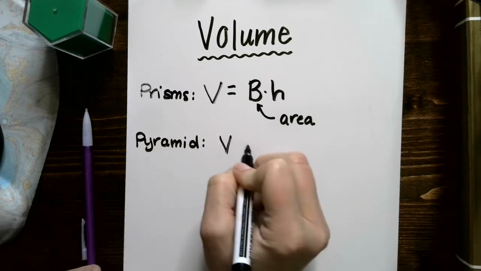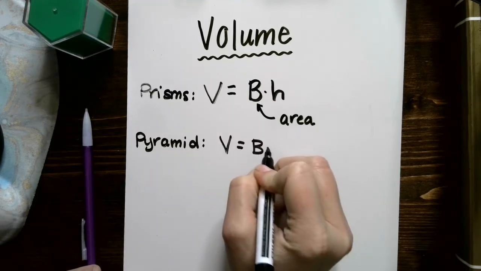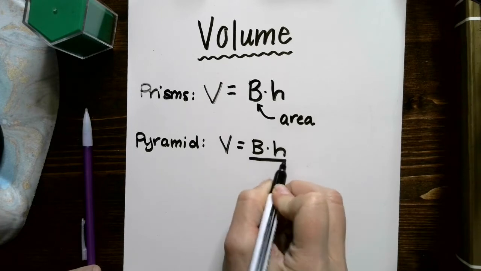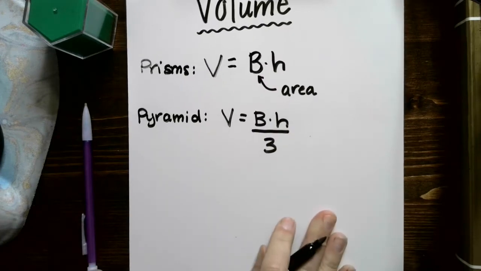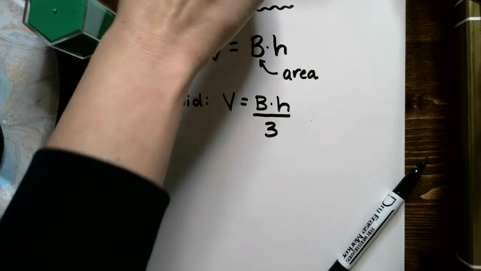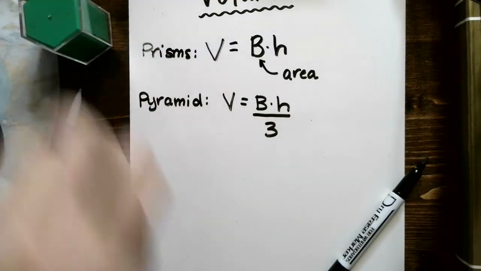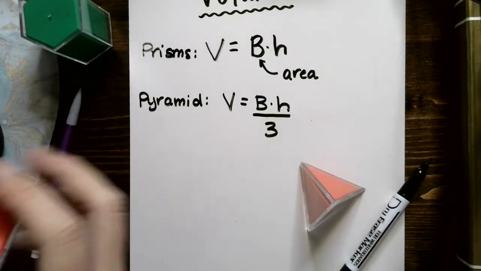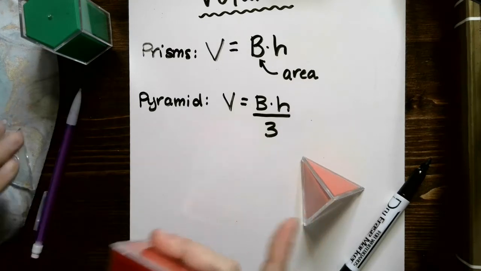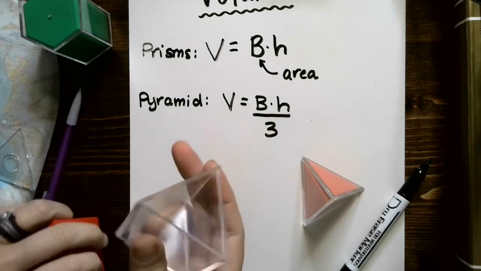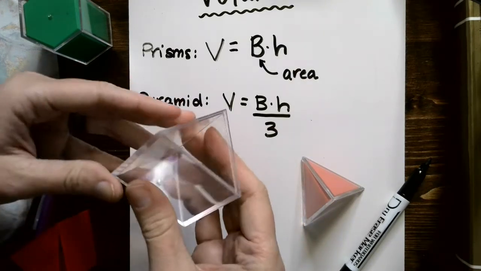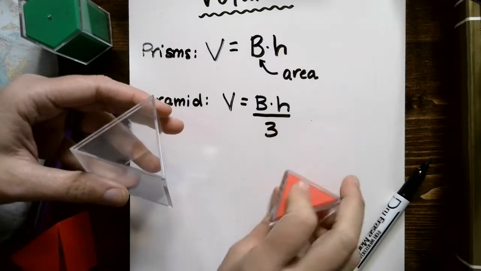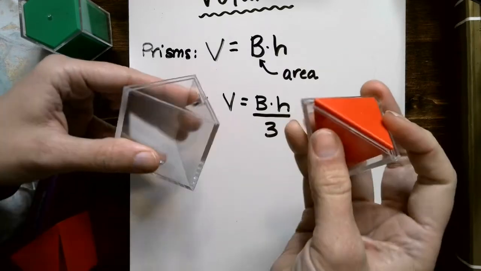except the volume for a pyramid is going to be volume equals the area of the base times the height, divided by 3. Now that's because I have here my triangular prism, and here is my triangular pyramid.